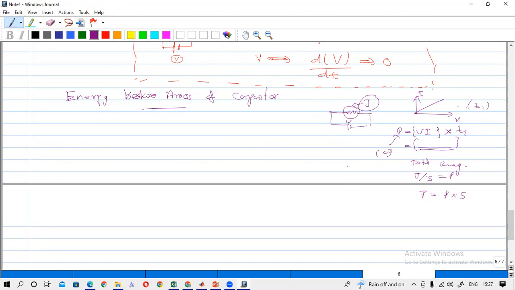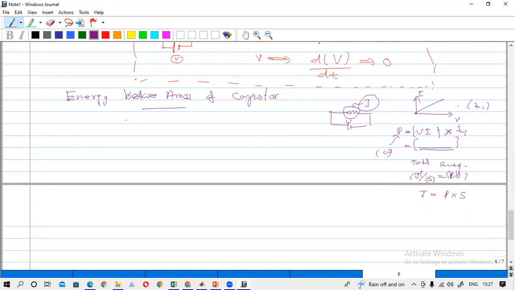Watt means joule per second, energy or work done per second. So the resistor will dissipate that amount of joules.